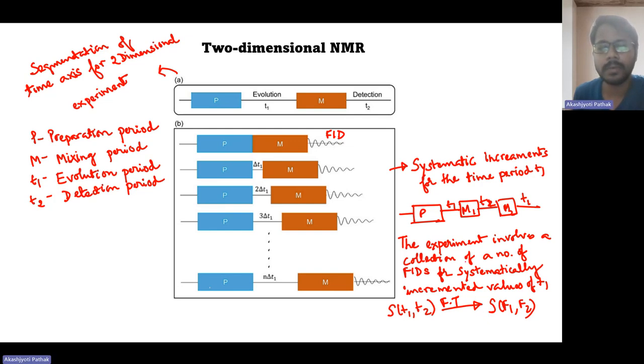The amplitude and phases of the signals depend upon the values of T1. So the variation of these intensities as a function of time will carry the frequency information present during the T1 period.